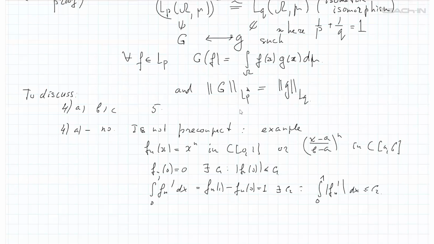On an arbitrary interval [a, b] you can consider such a family. So all conditions are fulfilled, but this family f_n is not equicontinuous.